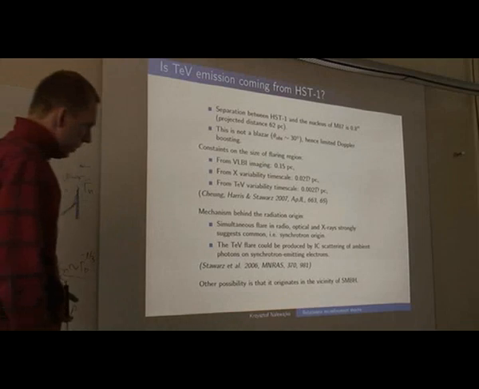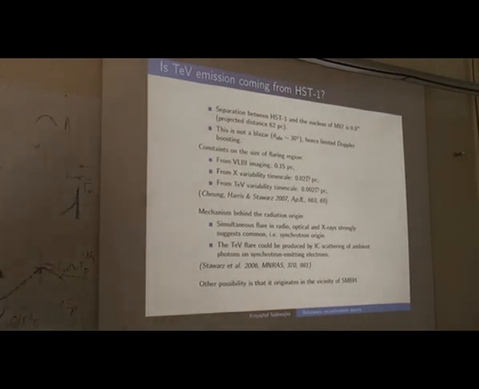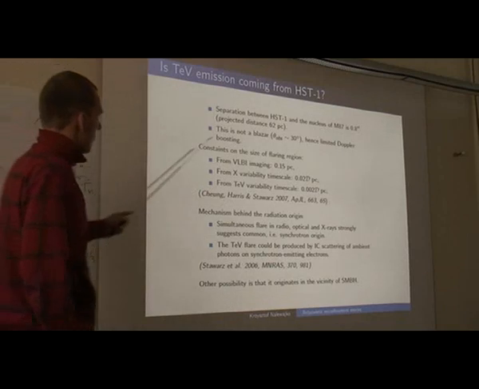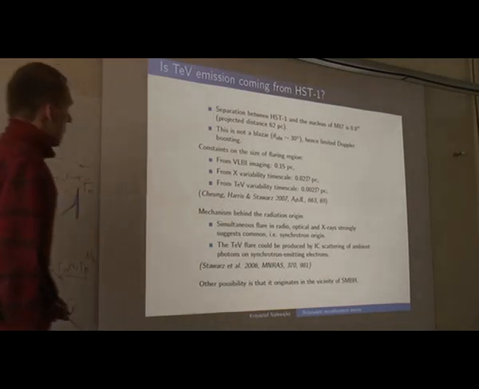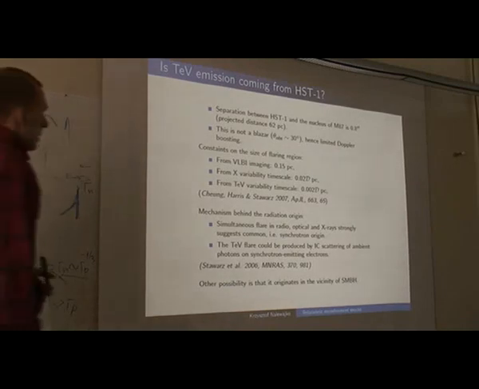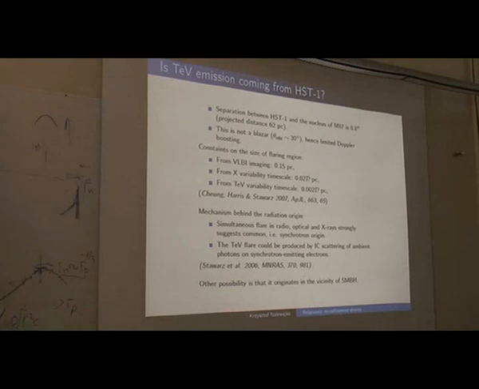The jet inclination to our line of sight is not very well known, but it is estimated to be about 30 degrees. So actually, high Doppler boosting is not possible in this source.